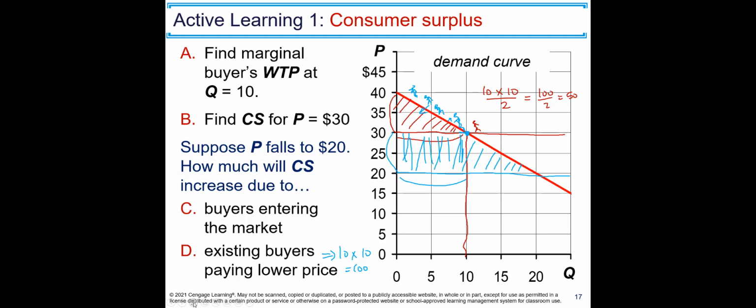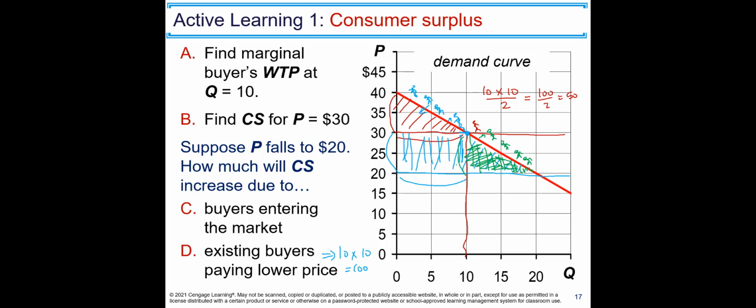Now let's calculate increase in consumer surplus because of new buyers. Here, new buyers enter to the market and they are willing to pay 20 and up, but they are not willing to pay 30. So there is an increase in consumer surplus because of these new buyers, and that is this triangular area. Let's calculate.